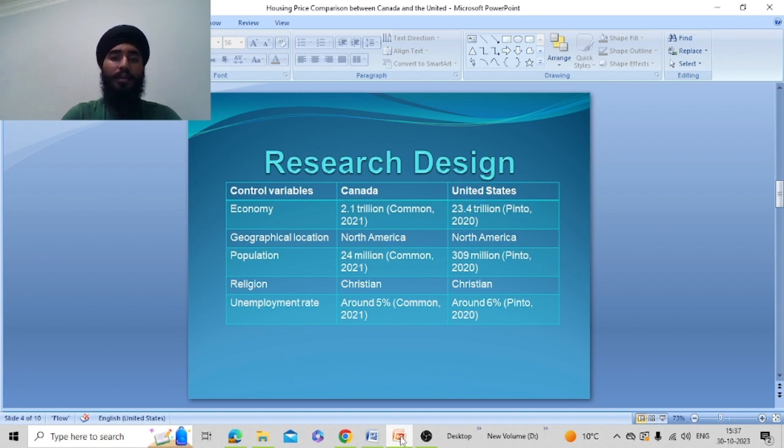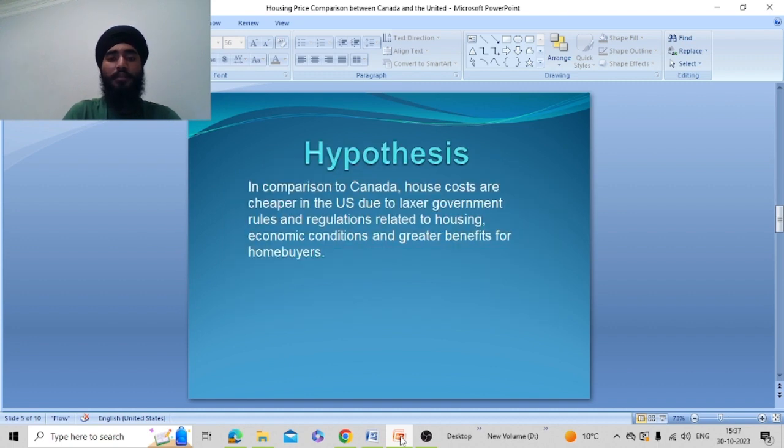As we compare, Canada and the United States have very different economies, but they have the same geographical location, very different populations, the same religions, and the unemployment rate is also around the same, which somehow affects the housing prices.